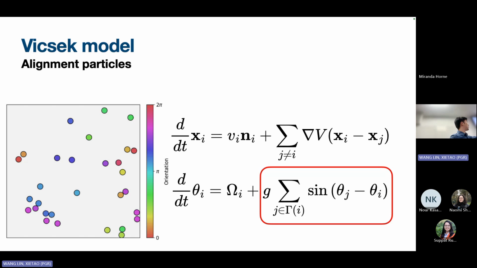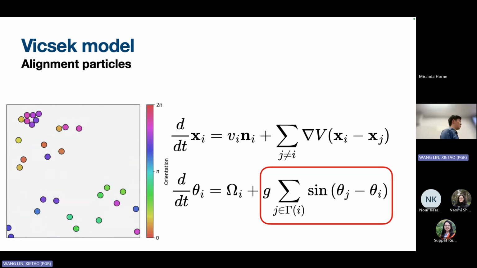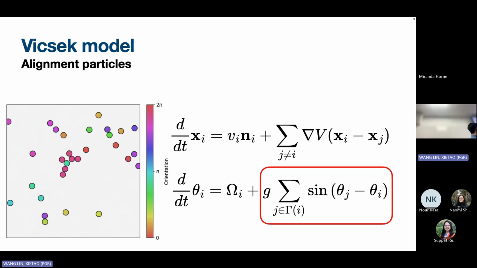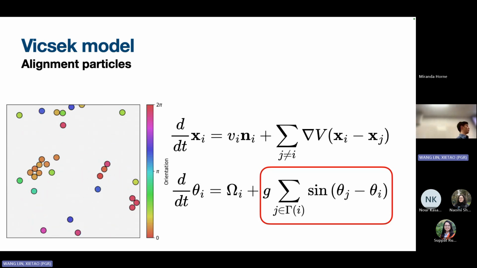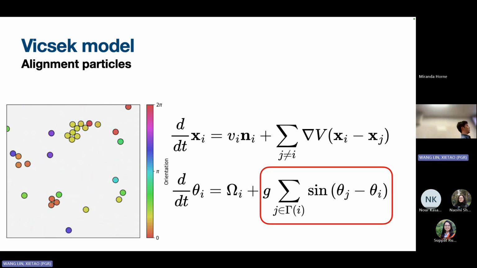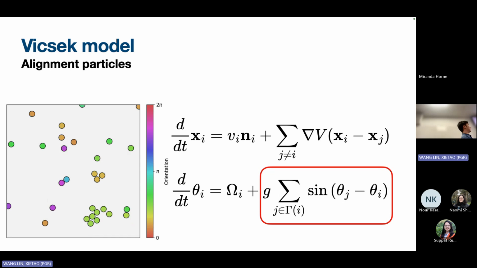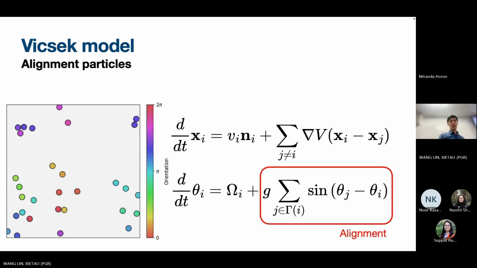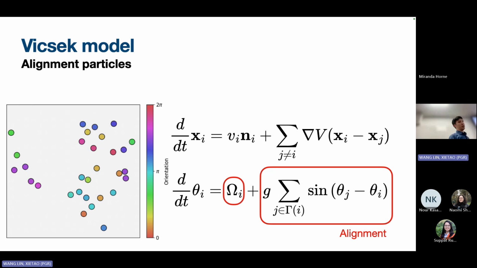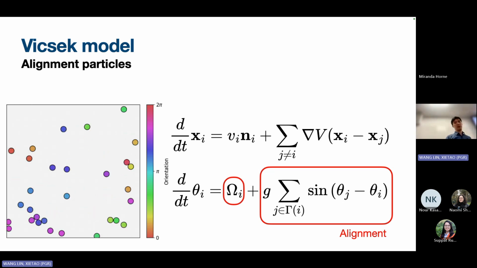This term over here is what we call an alignment interaction. Whenever two particles are close, they will try to align themselves with each other. If they are pointing in different directions, whenever they're close, they will try to point in the same direction. We also have a small rotation, but that's fine.